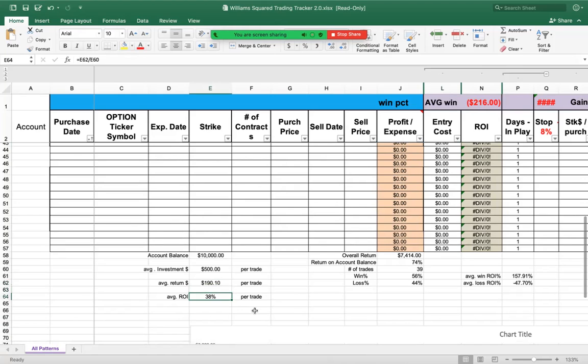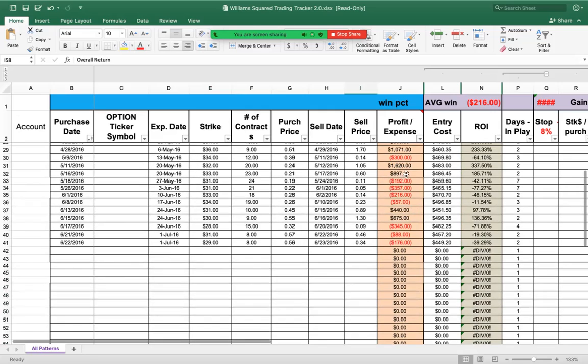My average ROI over the course of all the 39 trades was 38% profit. Average monetary return, $190 per trade, and I invested about $500 per trade. But now if we look at it from the overall scale, what did that result in?